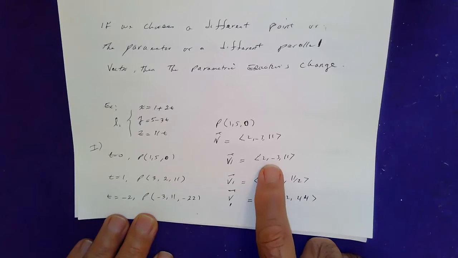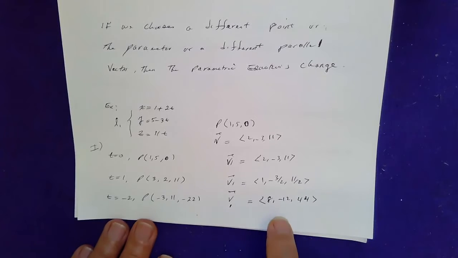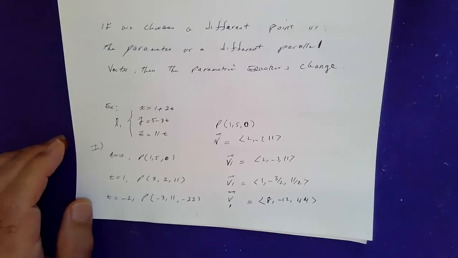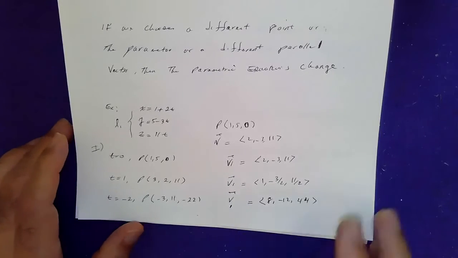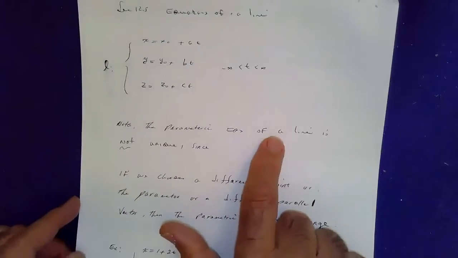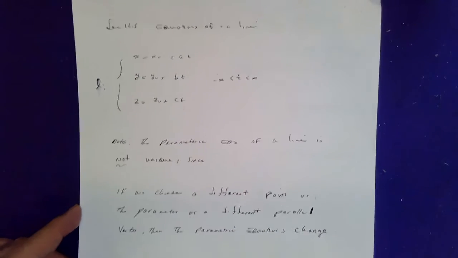Or I can just multiply this by 4 and get this. In other words, adjusting the vector and the parameter definitely changes the parametric equation of a line. Therefore, the equation of a line in space is not one of a kind.